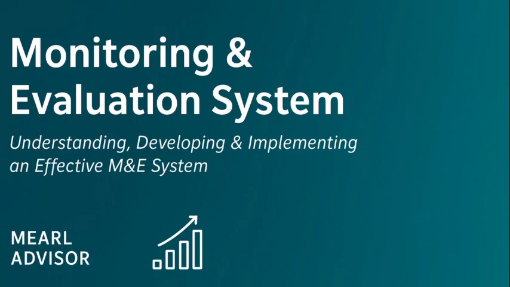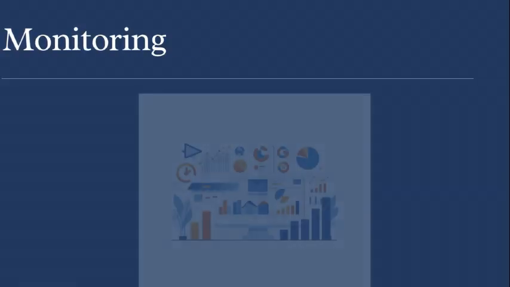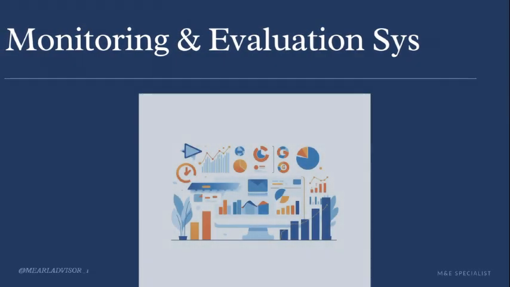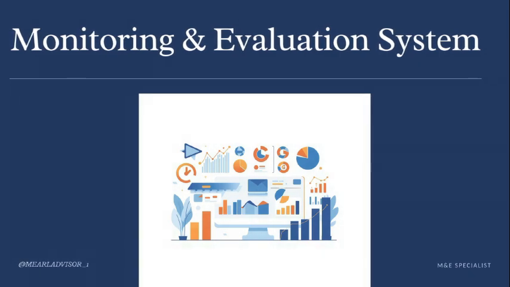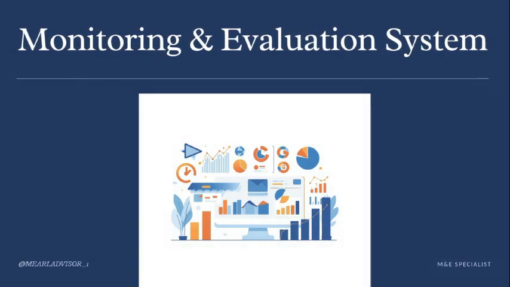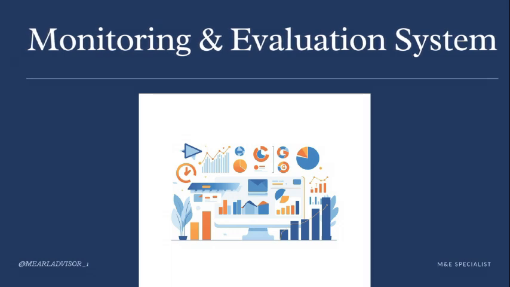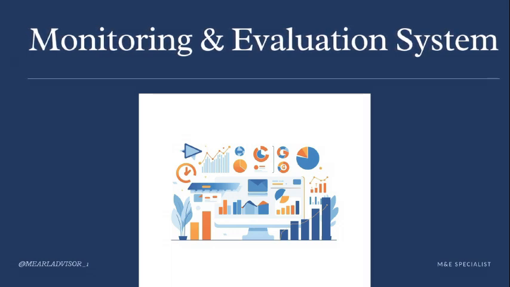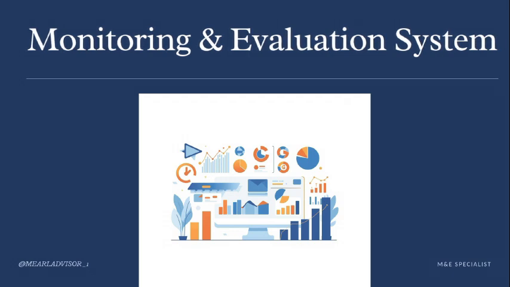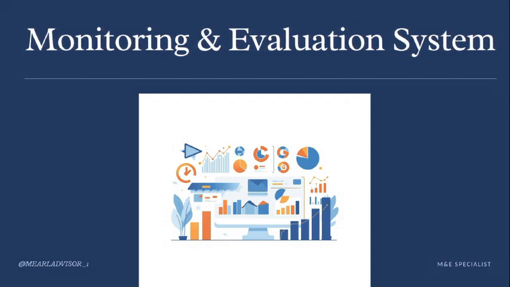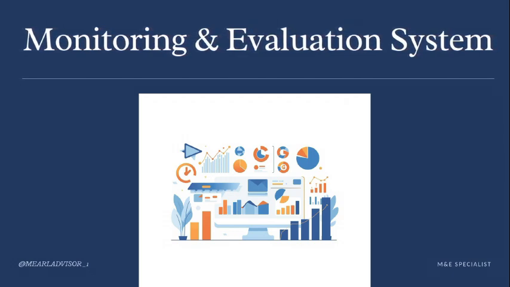A monitoring and evaluation system is more than a set of tools or reports. It is the entire structure that supports learning, accountability, and performance within a project or organization. Monitoring refers to the continuous tracking of activities, outputs, and progress, essentially checking whether things are happening as planned.